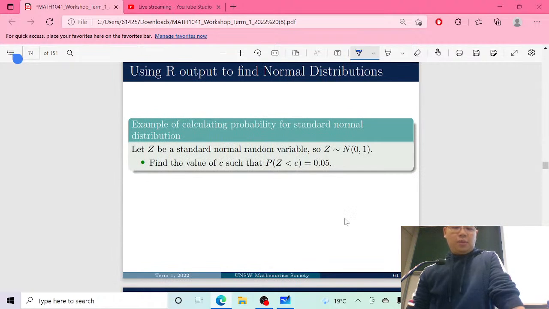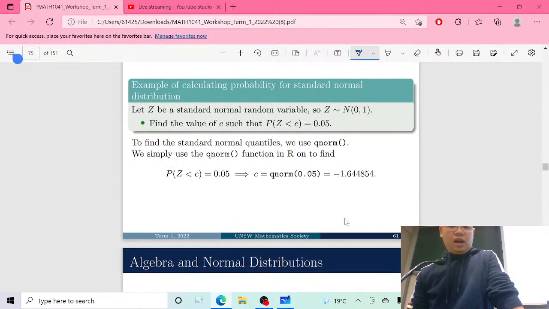What is q-norm here? The idea behind q-norm is that if p-norm of c tells us the probability of Z less than c, then q-norm is kind of like the inverse of this.